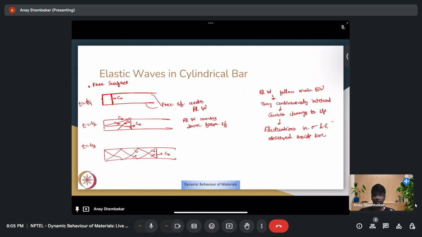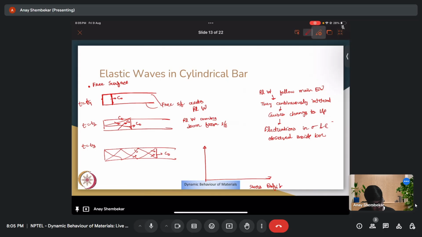These fluctuations that are caused are basically seen in the form of stress profile. So suppose I were to plot the stress profile, my idealized profile, this is stress versus time, would look something like this.